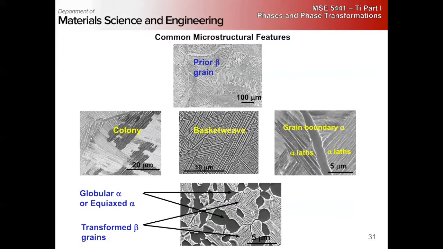Also, whether we get colony or basket weave type structures, the amount of work, how much globular or equiaxed alpha that we have, what's the fraction between that and transformed beta grains, and then the amount of secondary alpha, right?